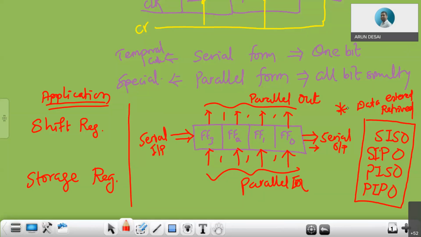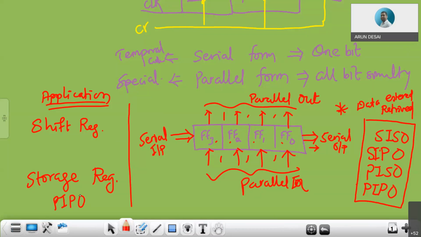Shift register means you simply shift your data through the number of flip-flops available with you, right? So this is what a shift register is. And storage register means you only store the data for a moment and then get that data out from the register, right? So which one is the storage register? From this, parallel in, parallel out is the only storage register.